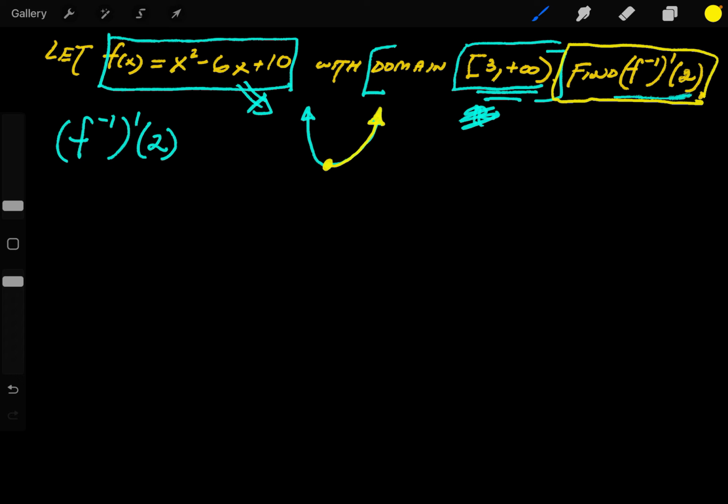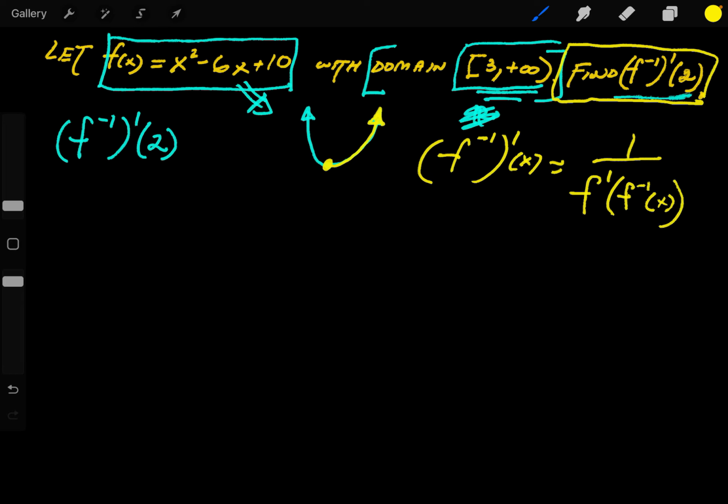Now, to do this, we first want to remember the formula, that the derivative of the inverse function at x is equal to 1 over the derivative of the function with the inverse plugged in at x. Now, using this fact, let's just substitute here. So what takes the role of x in this case?